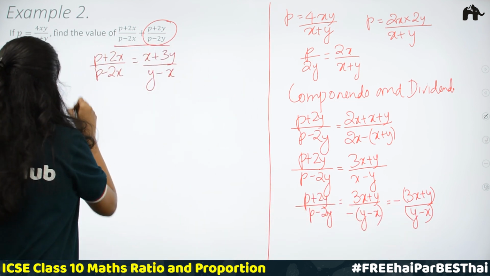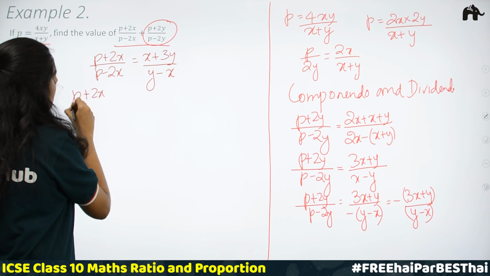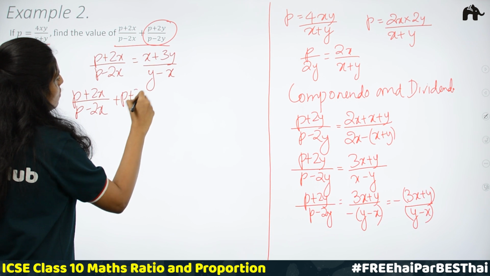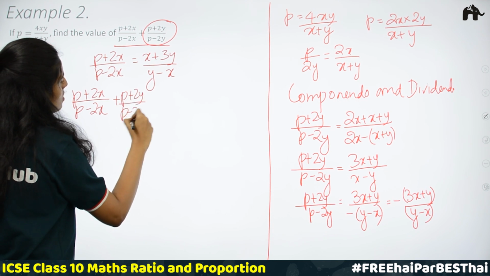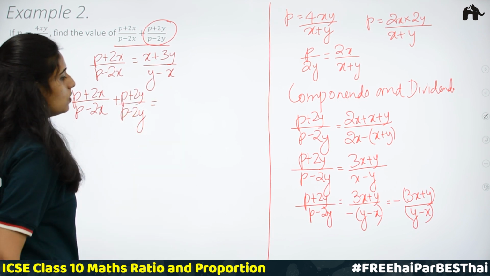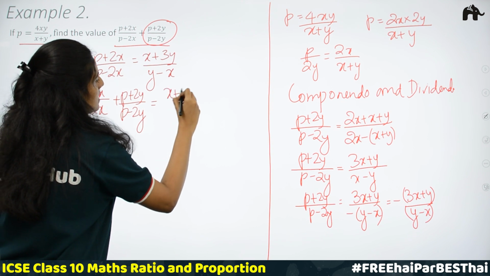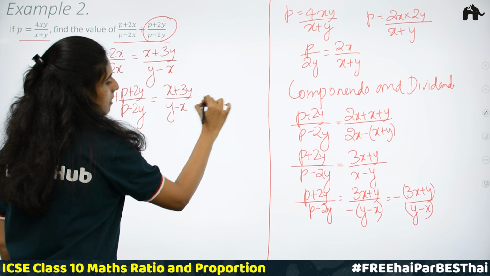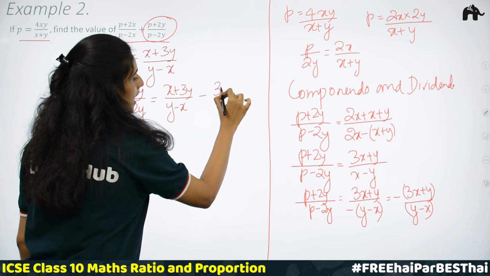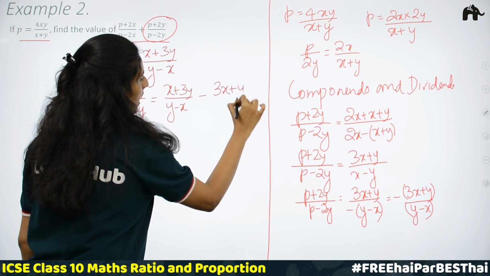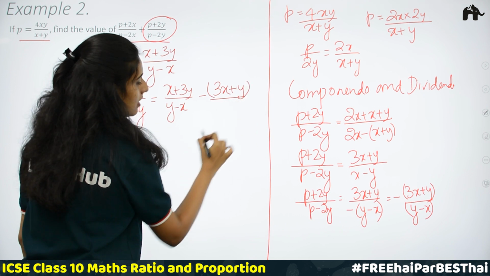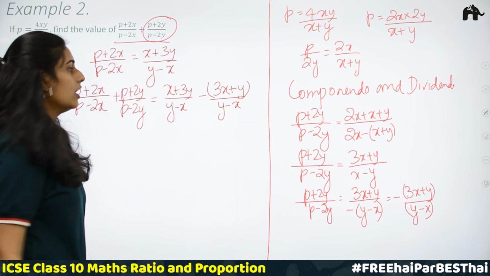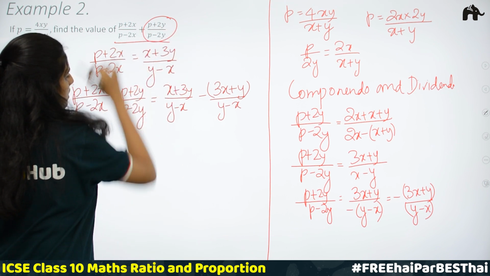That is, p plus 2x divided by p minus 2x plus p plus 2y divided by p minus 2y is equal to x plus 3y divided by y minus x minus 3x plus y divided by y minus x. We just need to solve this to get the value of this.